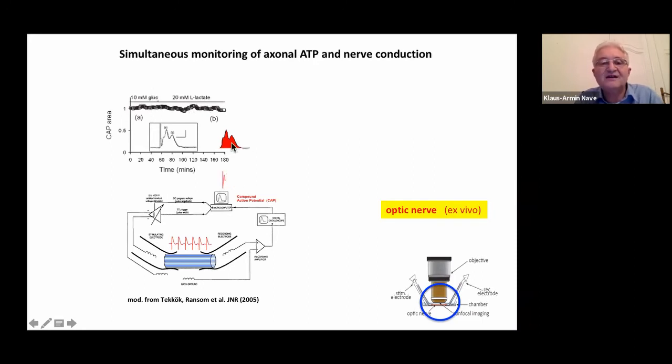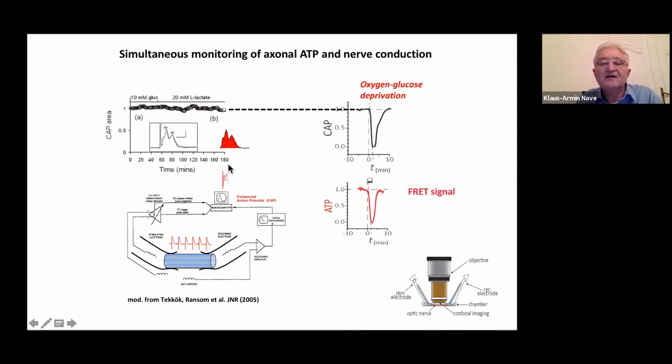You're not surprised, that is a very stable situation over time, ex vivo. But when we take oxygen and glucose away, this CAP area drops down to nothing within seconds. No ATP generation. You give oxygen and glucose back, and the CAP area goes back to normal. If you prolong it, it would not, but in a short interval it does.